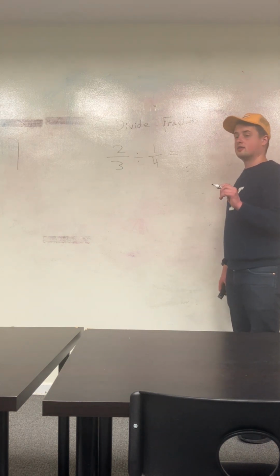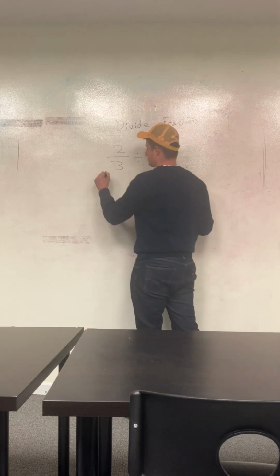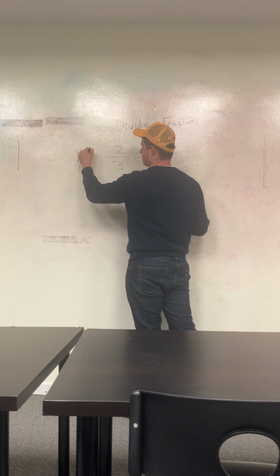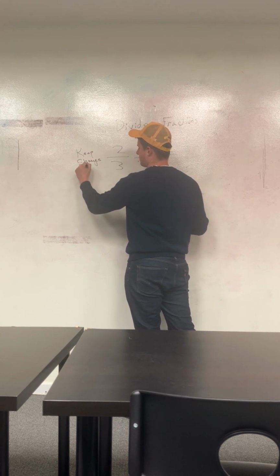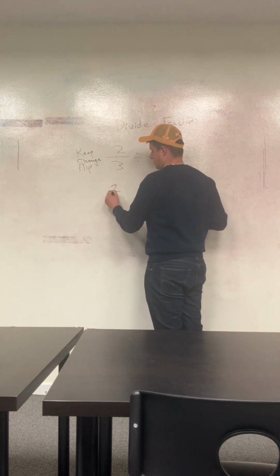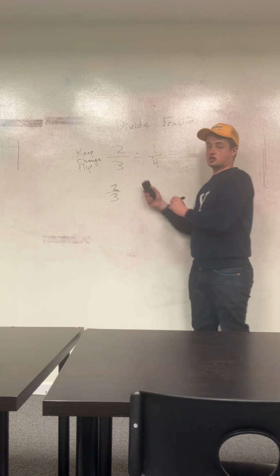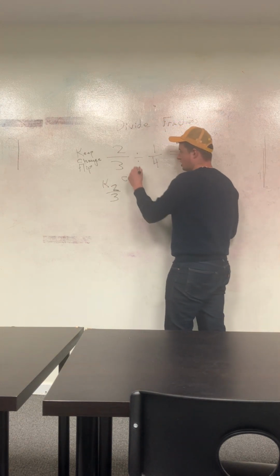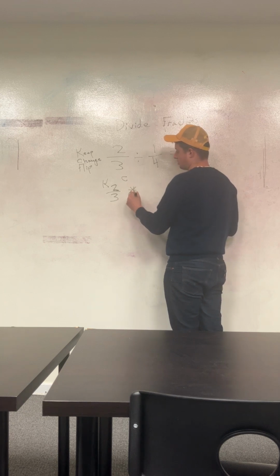We have to follow a process called KCF. Keep, change, flip. So first thing we do is we keep the 2/3, then we change the division symbol to a multiplication symbol.